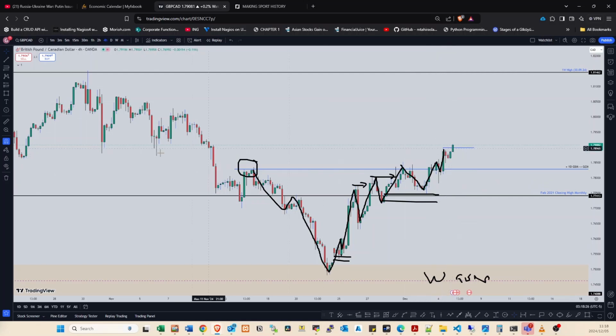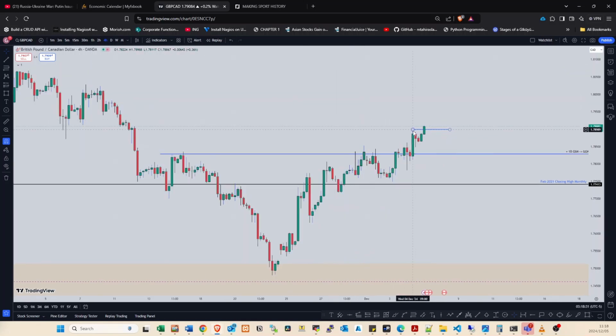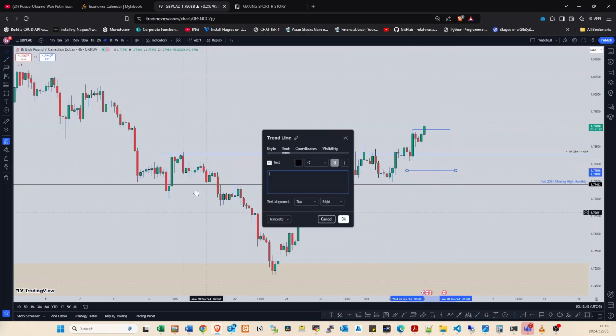Currently you see the market trying to push higher. So we have that high. All this here is the core that started the move. Let me label this one.